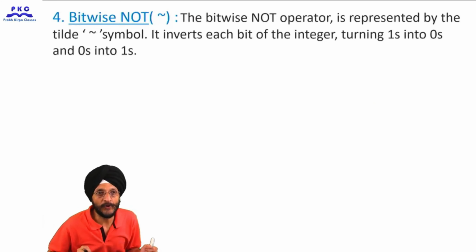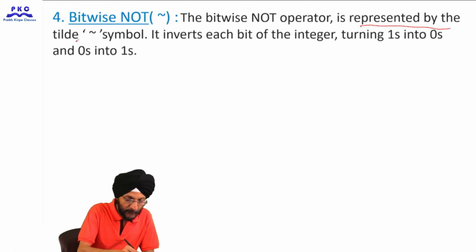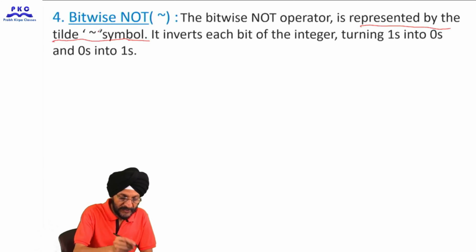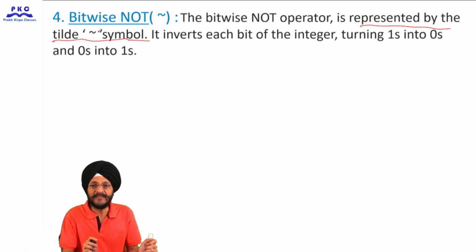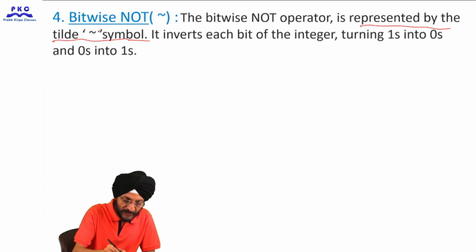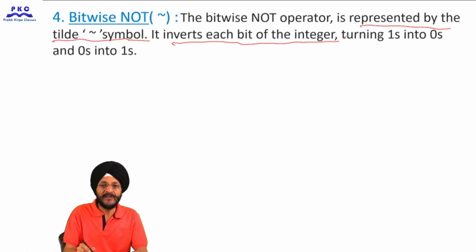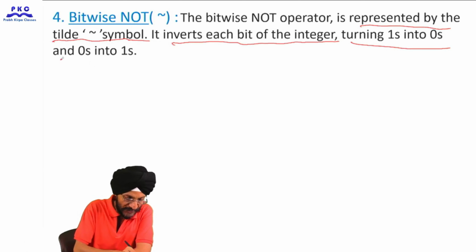Now the bitwise not operator. The bitwise not operator is represented by the tilde symbol. This tilde symbol is given on our keypad on the left hand side of the key 1. This bitwise not operator inverts each bit of the integer, turning ones into zeros and zeros into ones.